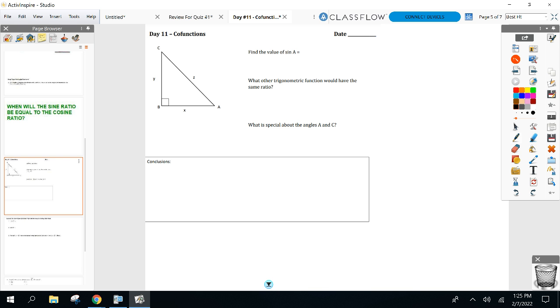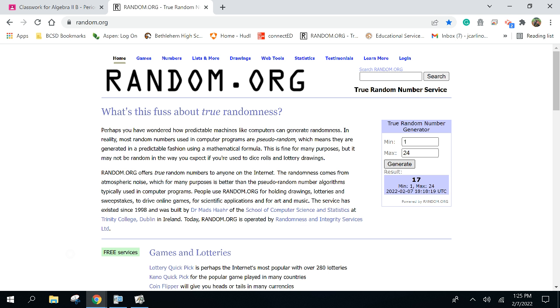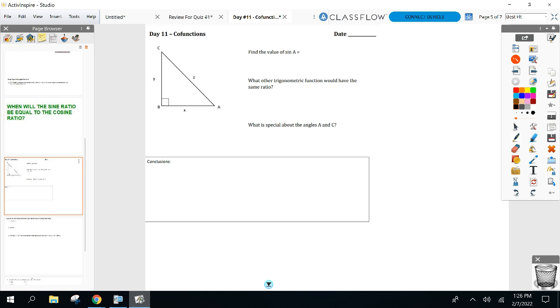Without using letters, just from using SOHCAHTOA, what is sine equal to? What sides do you use in the sine ratio? What's your sine in general equal to, Matt?